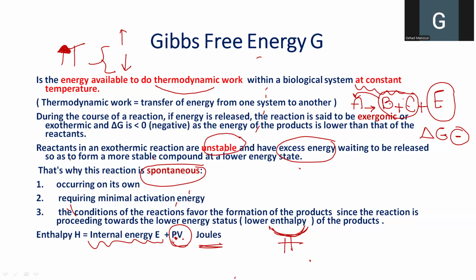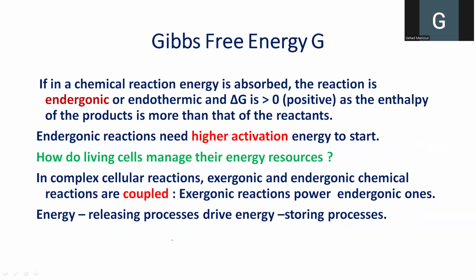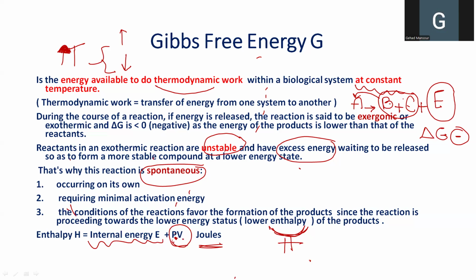So this is enthalpy. But we never give you problems on enthalpy. This hasn't occurred before. Internal energy, which is actually potential energy plus mechanical energy, plus PV, or the product of the pressure and the volume of the system.